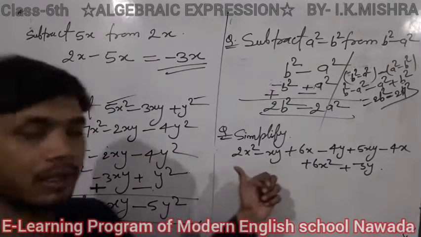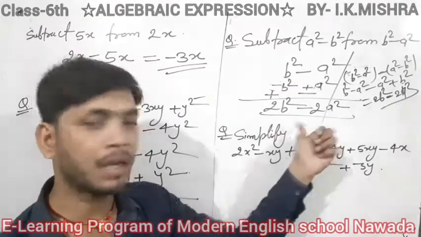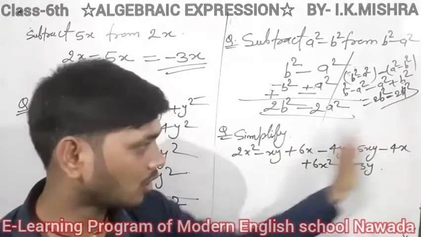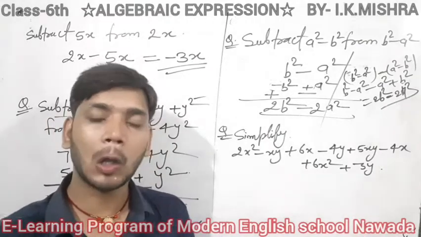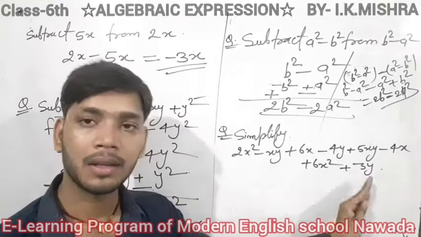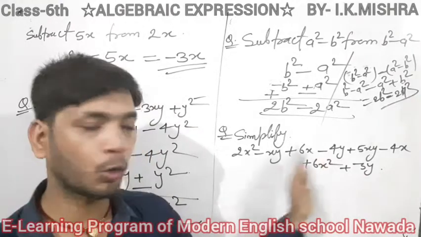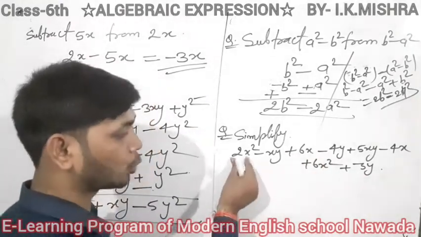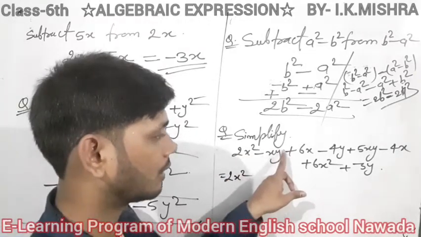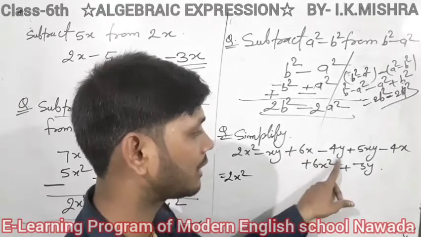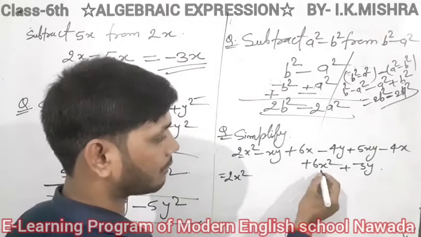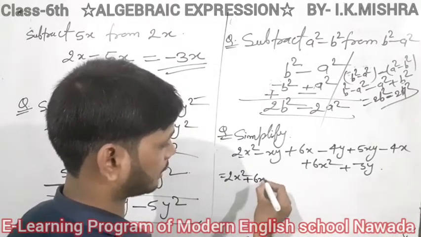Now, students, here you have a question given. Simplify this. That means first of all arrange all of this and write all the like terms near to each other at the same place. Suppose we have first written 2x square. That means first write 2x square and another 2x square term is here. So first write here 2x square and then plus 6x square.